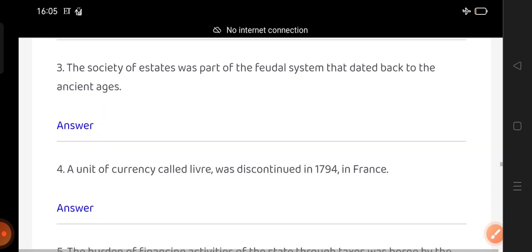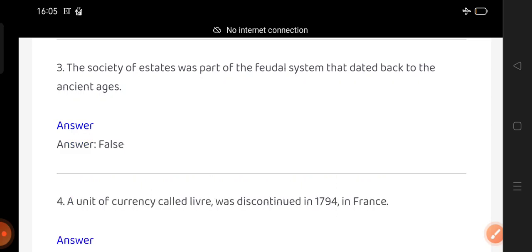Next, the society of estates was part of the feudal system that goes back to the ancient ages. Whether it's true or false, just think and answer. Take your time. If you don't understand, then watch it again so you can understand it properly.